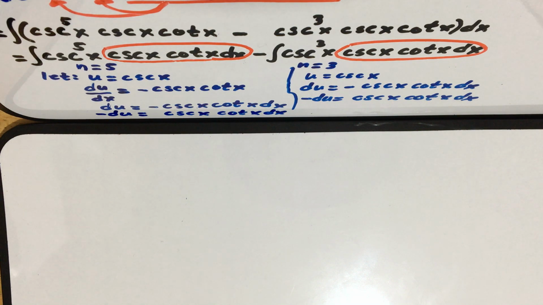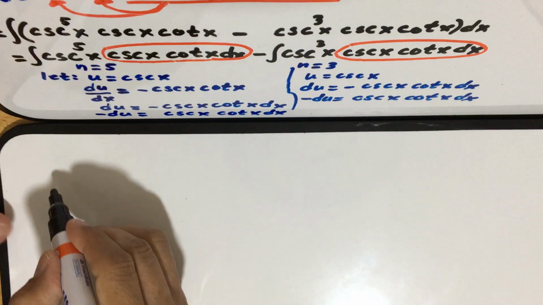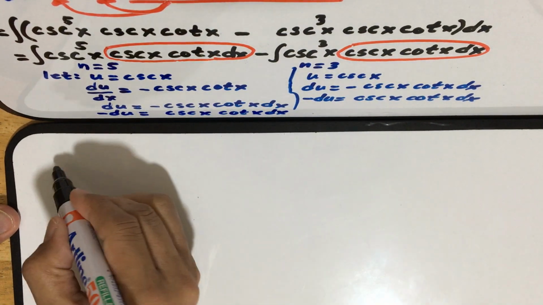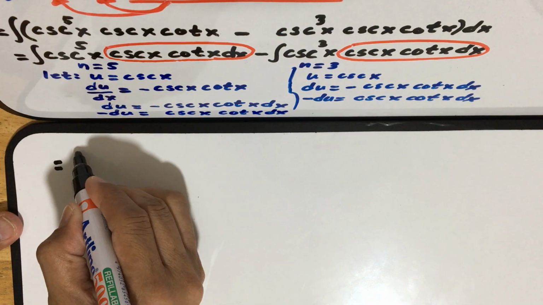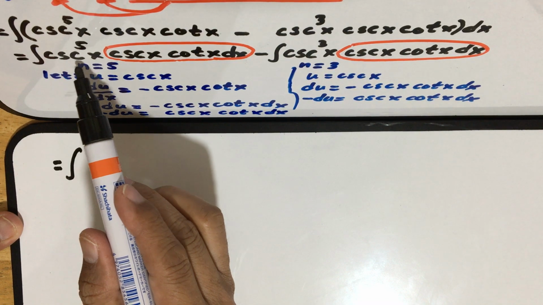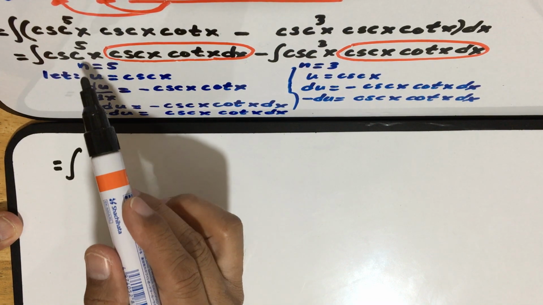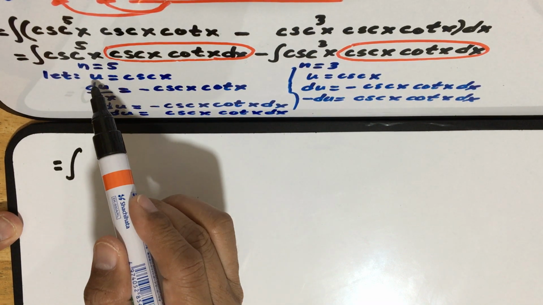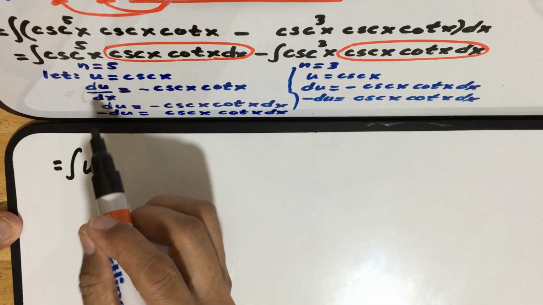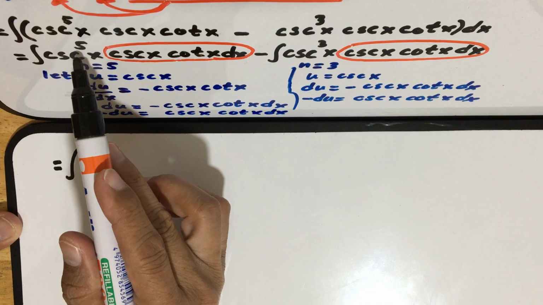Alright, now if you are going to substitute, so substituting, equals integral of, so instead of writing cosecant x, since we let cosecant x equal to u, we write it as integral of u, then n, still n, that is equal to 5.